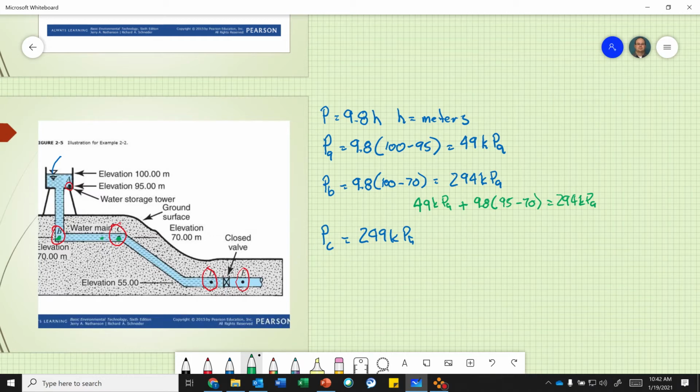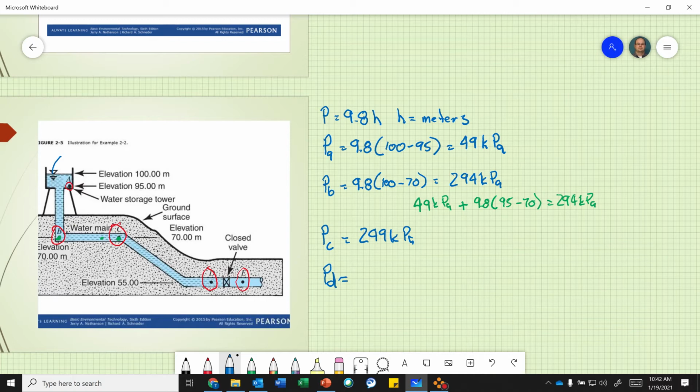Okay. So pressure at point D. The pressure at point D equals, again, you can do it two ways.